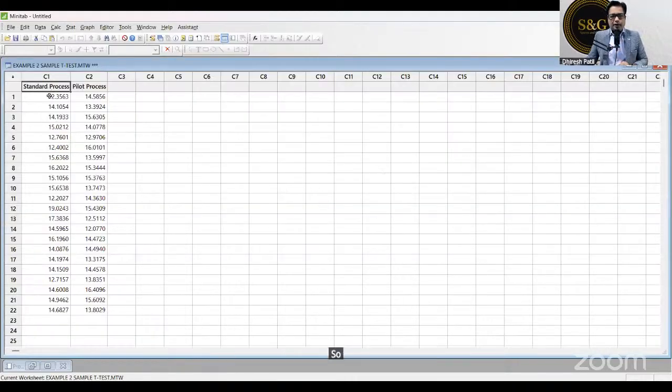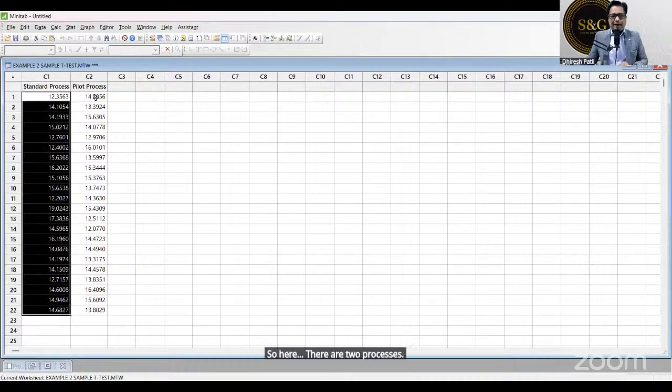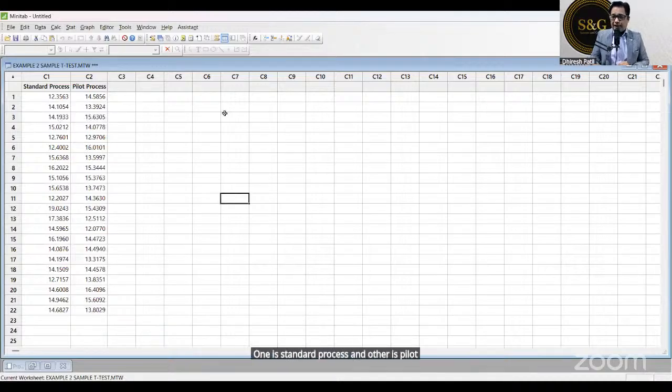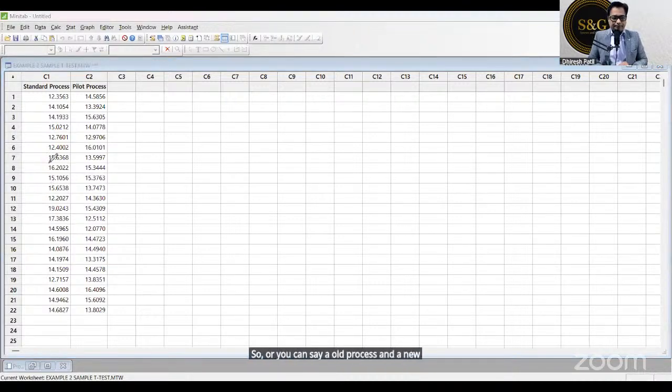So here, there are two processes' lead time we have captured. One is the standard process and the other is the pilot process. Imagine you can say an old process and a new process. So this is the old process and this is the new process, okay? And they have calculated around 20 data points in each.